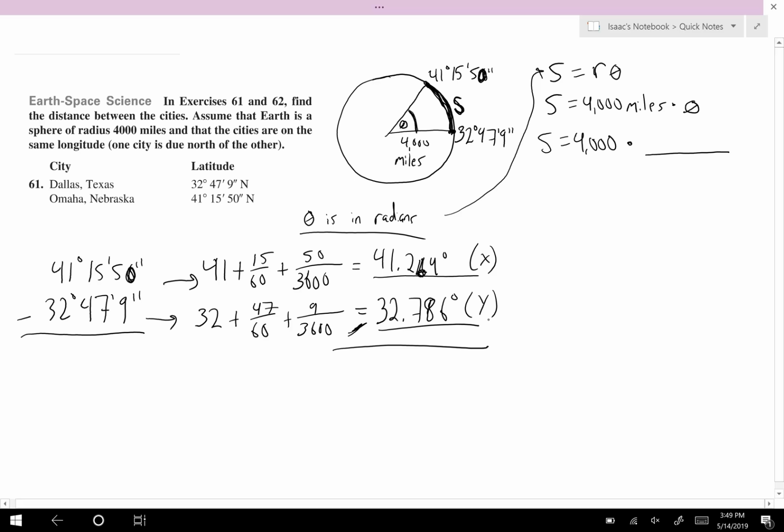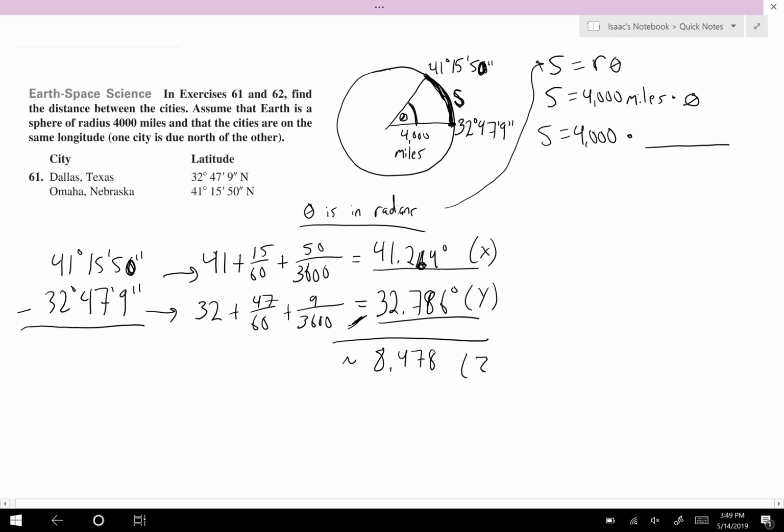So X minus Y is 8.478 approximately. Now I'm actually going to store this in as well. I'd like to keep the exact value. This is a rounded amount, so just keep all my variables separate. I'm going to store that in for Z.